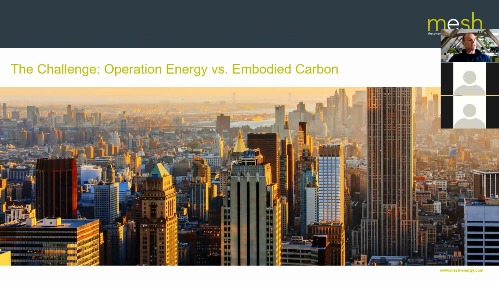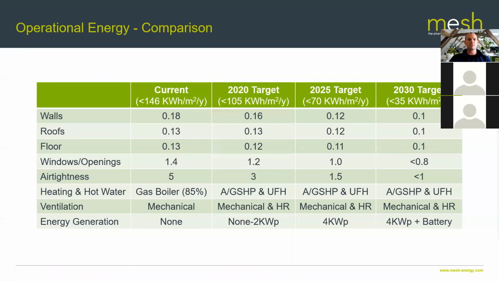Before we get into actual construction, the challenge here is what happens to operational energy or embodied carbon when you try to make buildings cozier, and vice versa. What happens when you try to reduce embodied carbon, and the effect that has on the U values of a building? They are intrinsically linked because of the properties of materials.